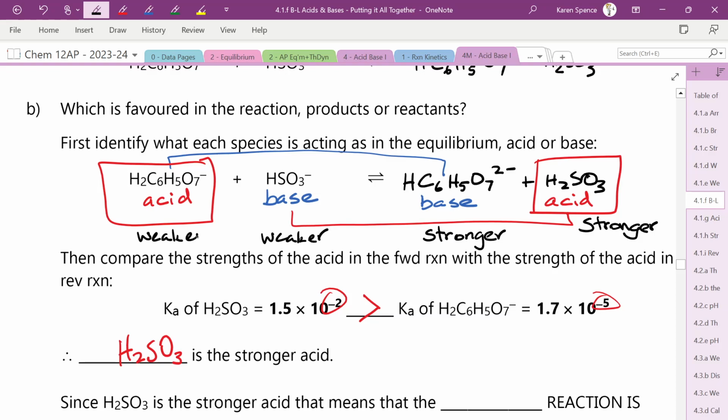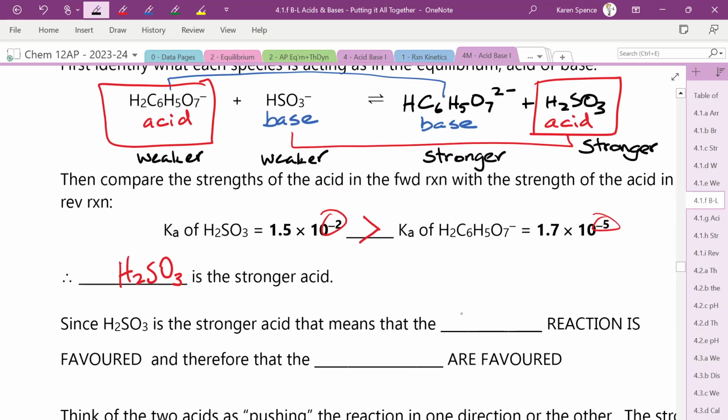If that's the case, then which side of this reaction is favored? The left side. So the forward reaction is favored. That means that the reactants are favored.